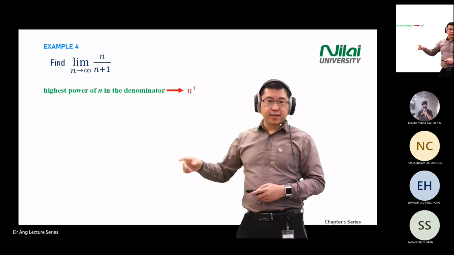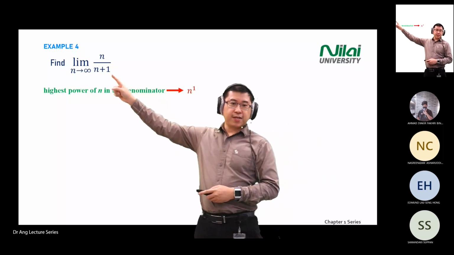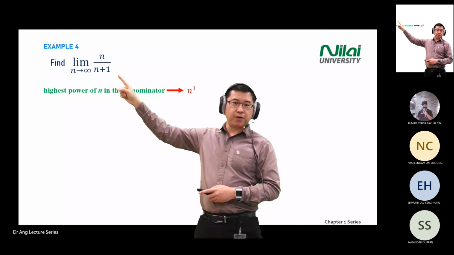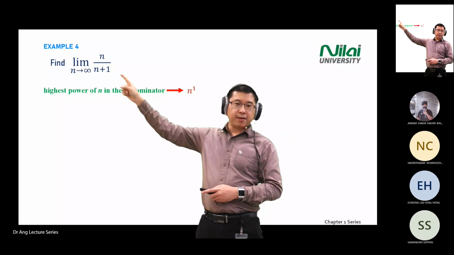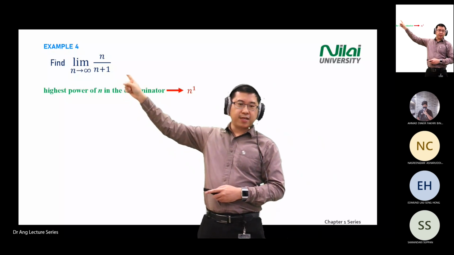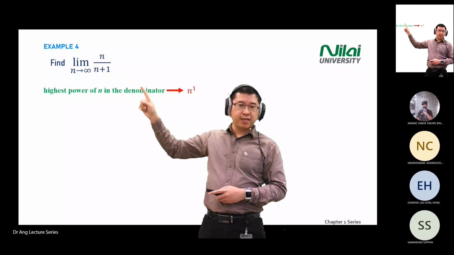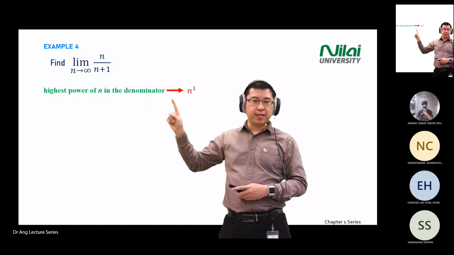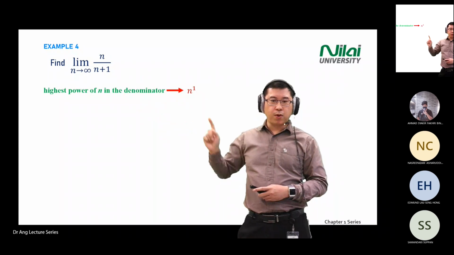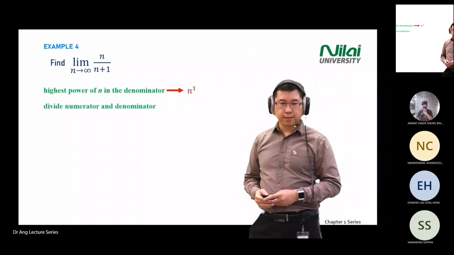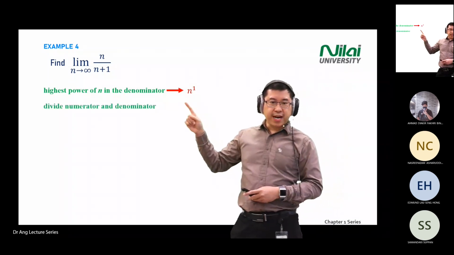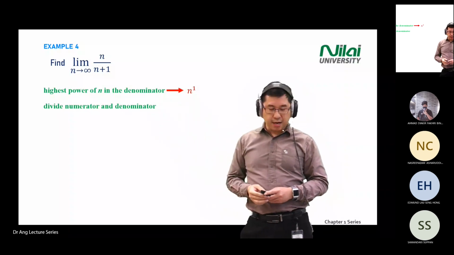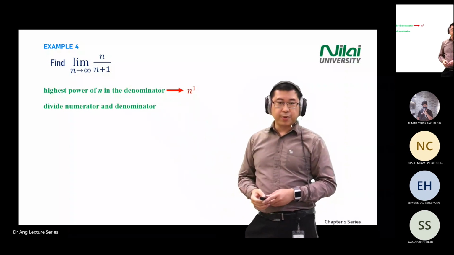The denominator is the below one, n plus 1. What is the n power? It is n power 1. So the first thing you check is the power of n in the denominator. In this case, you get n power 1. Then you divide the numerator and denominator.